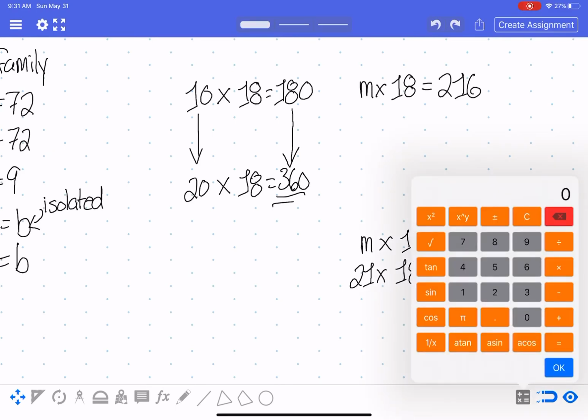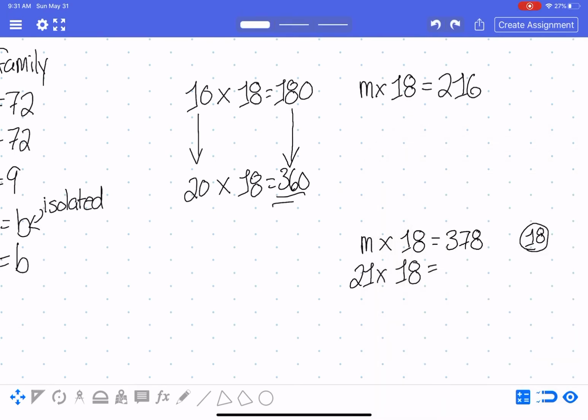So I go 21 times 18 equals 378, right? So that means that m is equal to 21, okay? So we take a question that we know, which is 20 times 18, to help us with the other question.